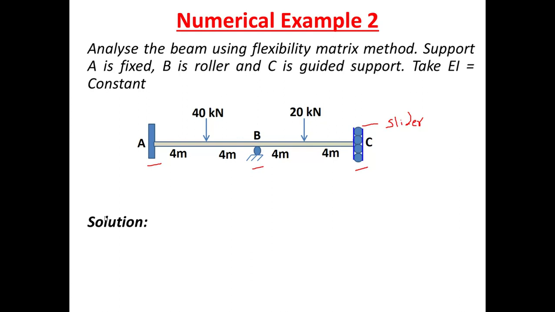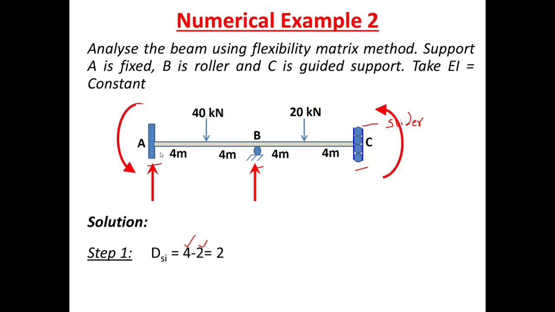So the first step of solution is to determine the degree of static indeterminacy. DSI is equal to the total number of unknown reactions in the given beam minus the equations of equilibrium. For the fixed support we have 2 reactions, the roller support has 1 reaction, and the guided support also has 1 reaction.